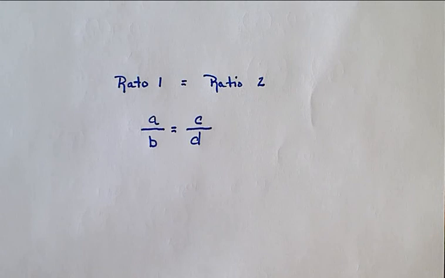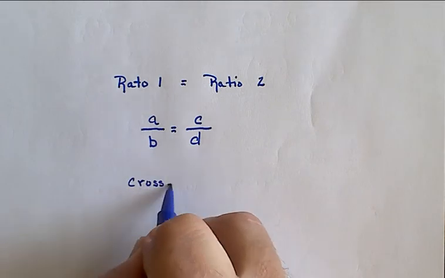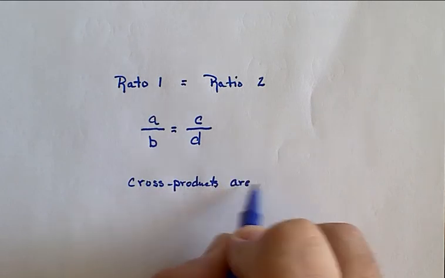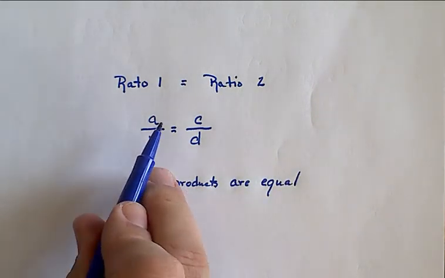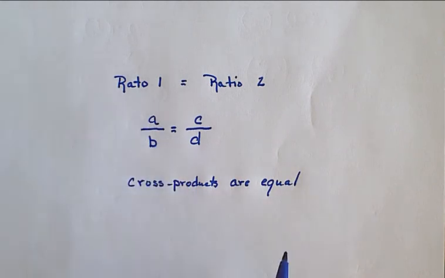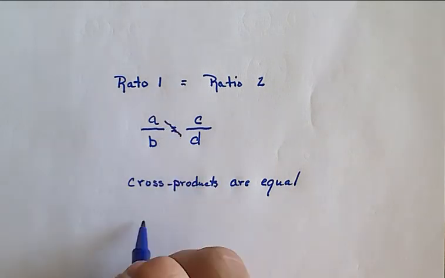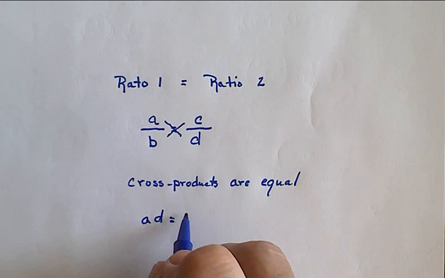If you were to solve that equation for any of the missing variables, what's true is this: the cross products are equal. A product is when you multiply. So if I multiply across diagonally, I have to get the same result. So this diagonal product, A times D, has to equal this diagonal product, B times C.